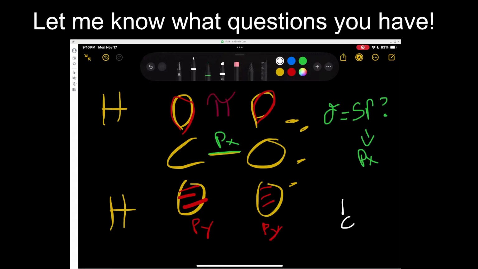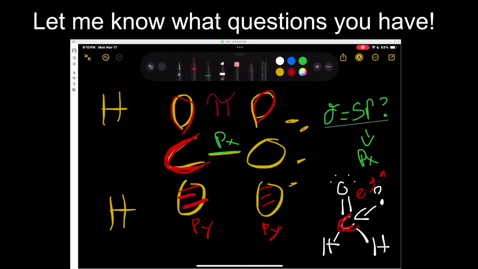It's not solving this question, but we do know the hybridization on this carbon. I'll ask you, based on EG, what is the hybridization of the carbon in this Lewis structure? What is its EG? And then if you can bring that to hybridization, great. If not, no worries.